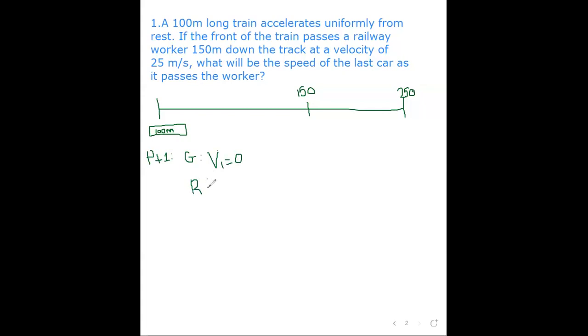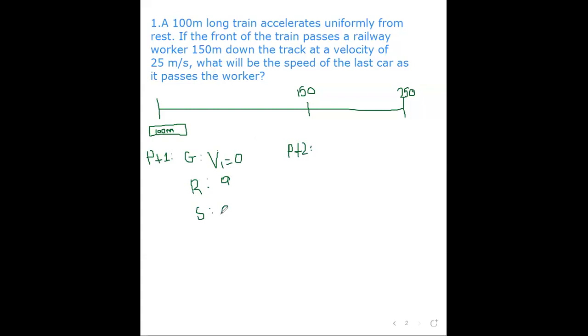GRS is just given, required, solution, kind of the short form of the GRASP method, for organizing what's happening. You don't have to write this on your test. You can just show your solution.